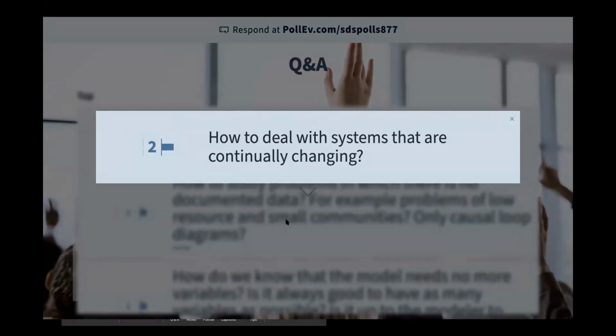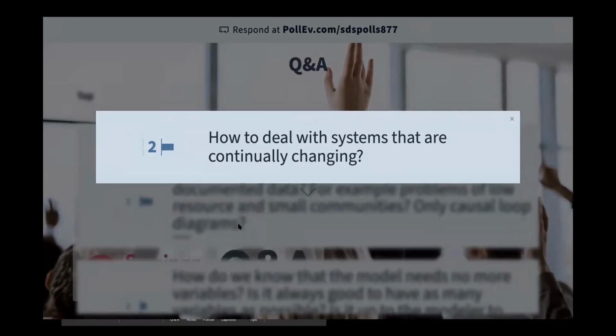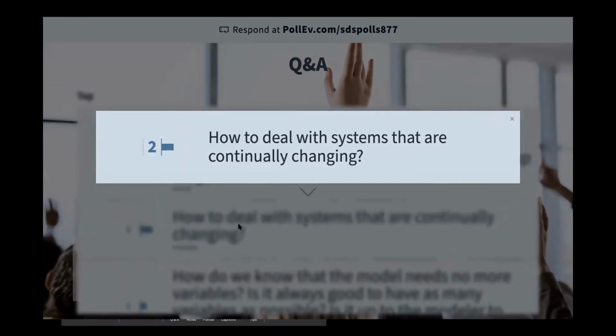Changing. Yeah, the thing that got me really hooked onto system dynamics was that I tried to run optimization models for complex systems, and very soon came to the realization that 10 minutes after you've optimized the system, somebody goes and changes one of the parameters, and then you've got to rerun it.